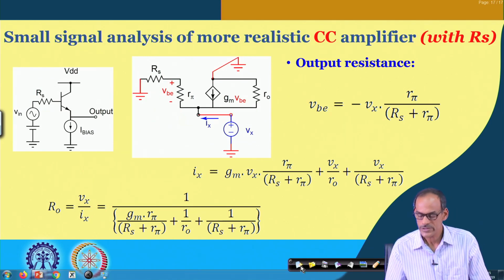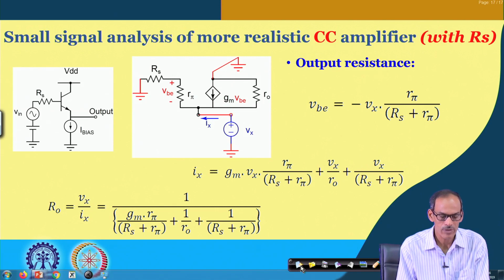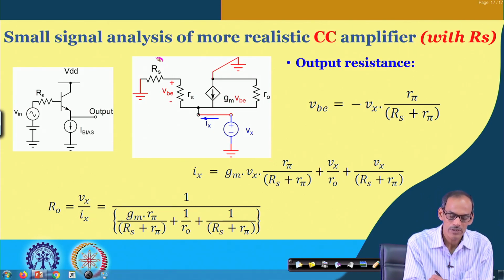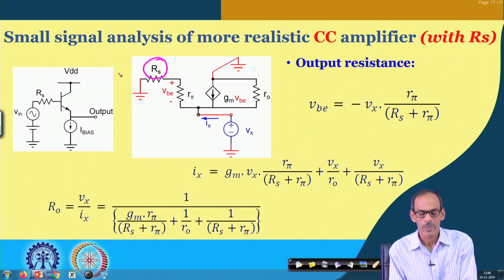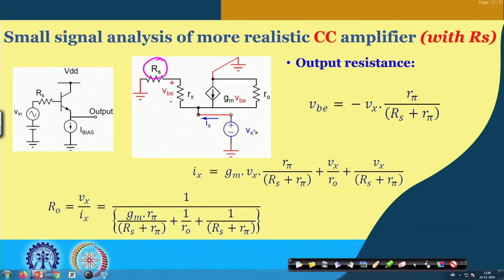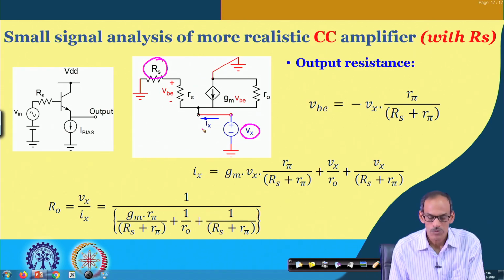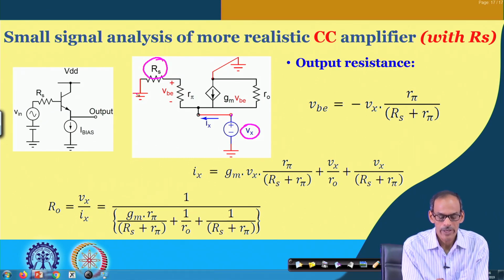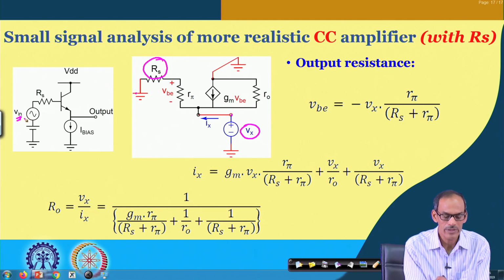So, let us see what output resistance of the common collector amplifier we will be getting in presence of this source resistance R s. Now, to get the output resistance of this circuit, we need to stimulate the circuit by say V x, and we need to observe the corresponding current here I x. So, before we go into the I x expression, we need to make the signal here 0.